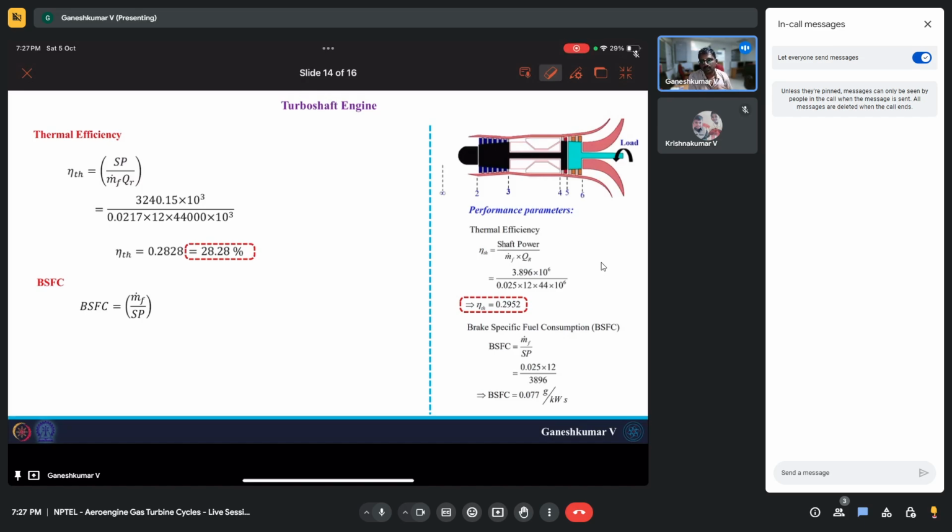So if you substitute 3.24 megawatts instead of SP, and m dot F is 0.0217 times 12, where 12 is the mass flow rate, you will end up having a brake specific fuel consumption of about 0.08 grams per kilowatt second. Okay, so this is the fuel economy that we get from this engine at the ground condition.